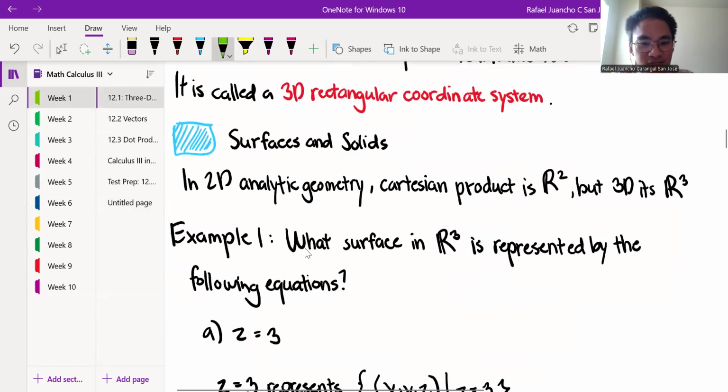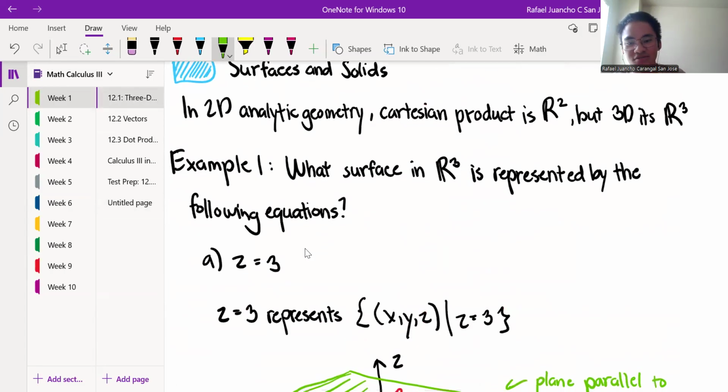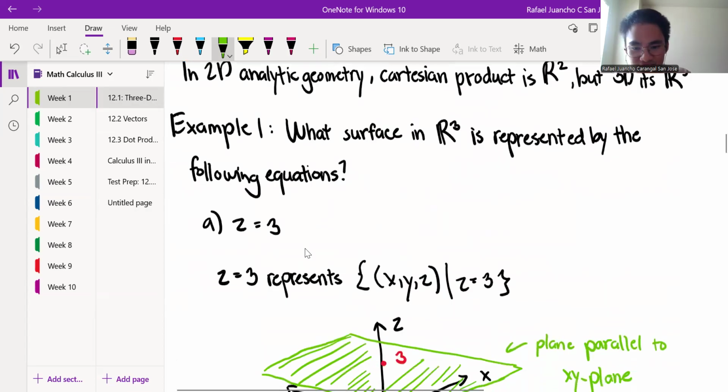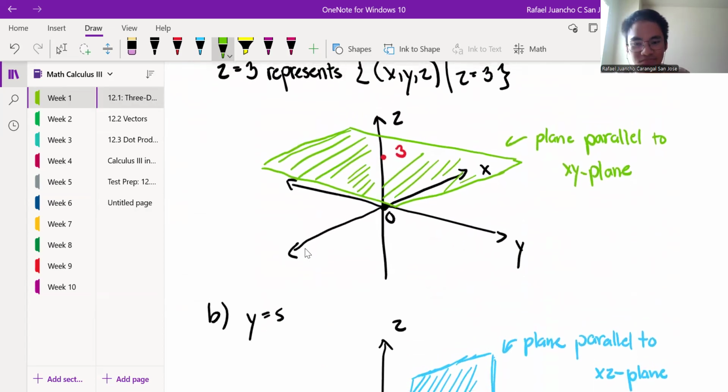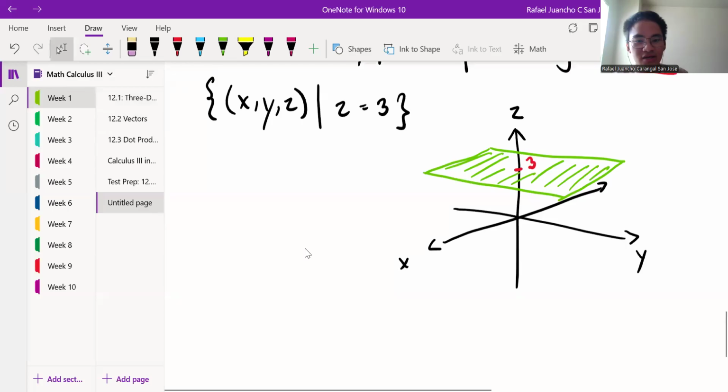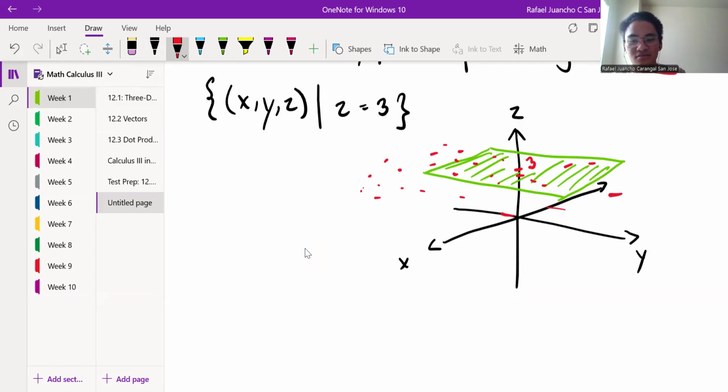That was the question: what surface in R cube is represented? Yeah, Z is 3. And in terms of points, what we just described could be any of these points. The plane just goes infinitely.